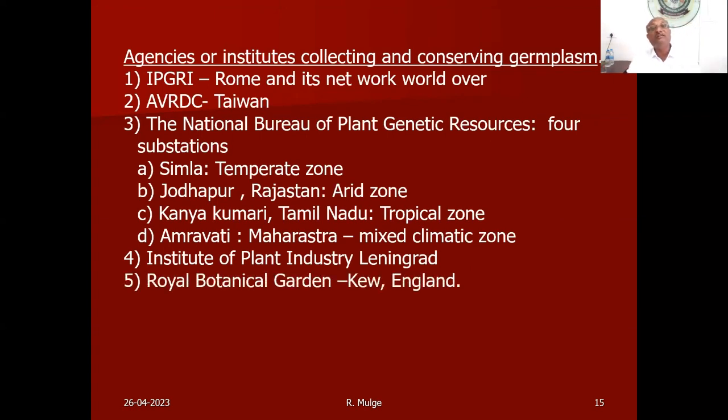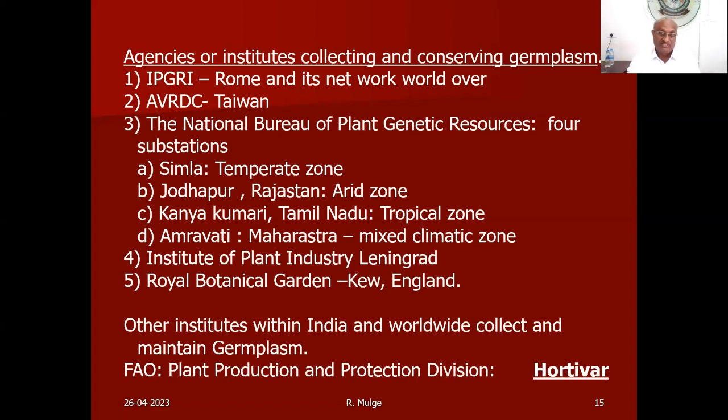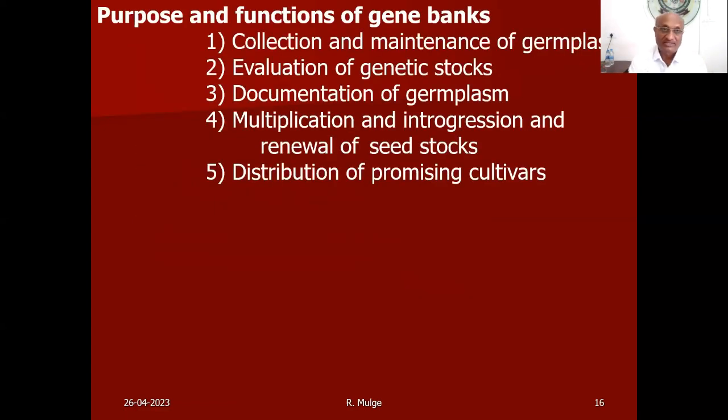And then Royal Botanic Gardens, Kew in England, also having a lot of variations. Then other institutes within India and the world collect and maintain the germplasm, where you can seek the germplasm. Then FAO, Plant Production and Protection Division, where you can just get it.